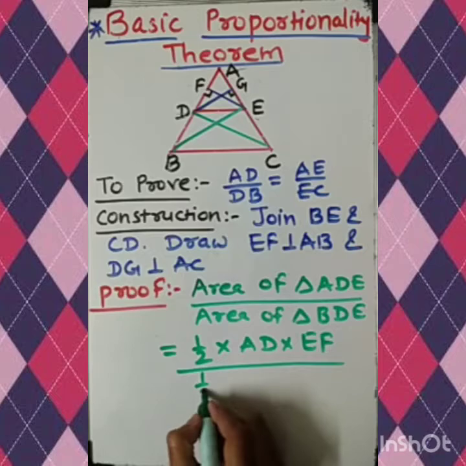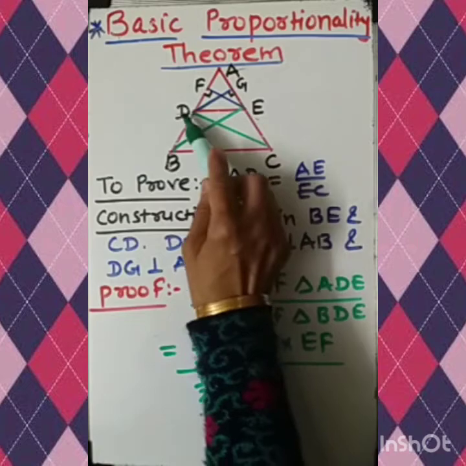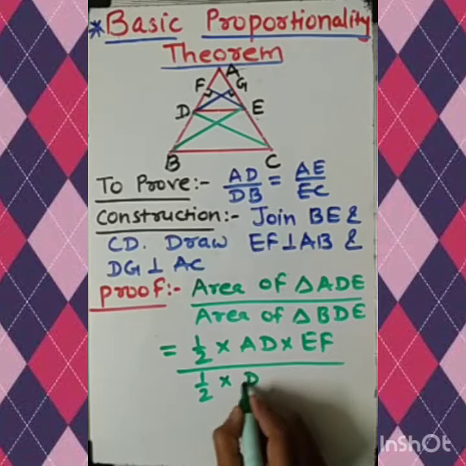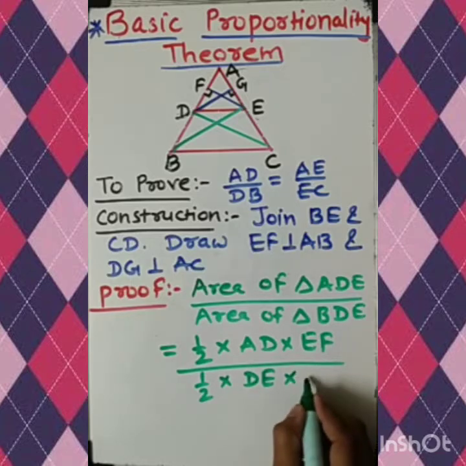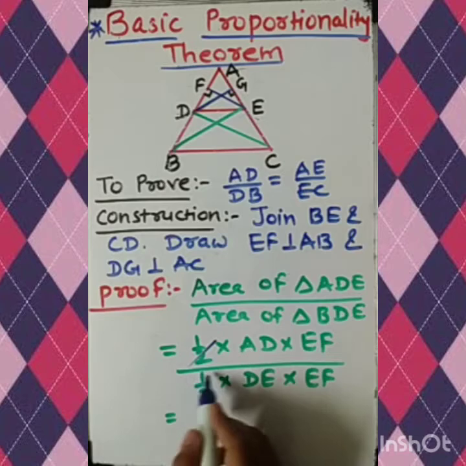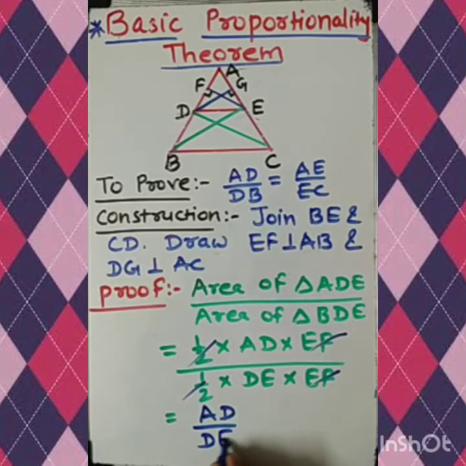For the triangle BDE, I'm talking about this triangle, we have 1/2 base AD and into EF. You can see the 1/2 cancels, EF cancels, so the ratio is coming AD upon DB. Let's call this result number 1. We are able to find this through the area of a triangle, 1/2 base into height.